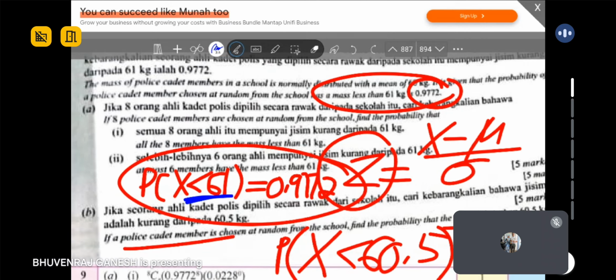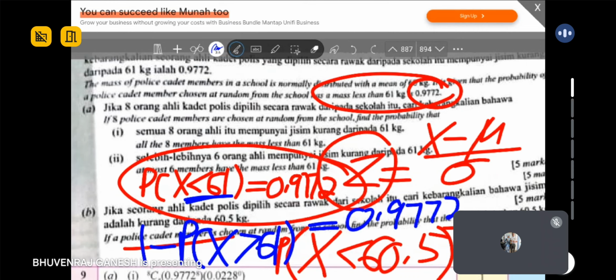And then is our probability correct, guys? Do we have a value like this in the table? No, right? We only have values less than 0.5. So you just use the concept of 1 minus. Then you will get this equation.